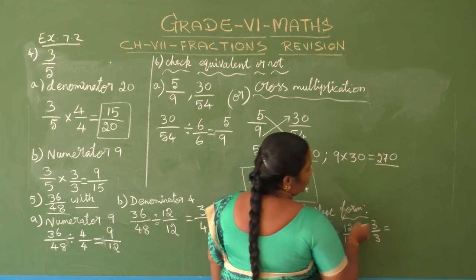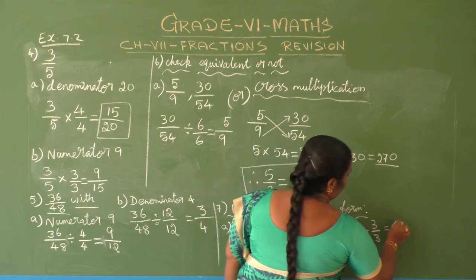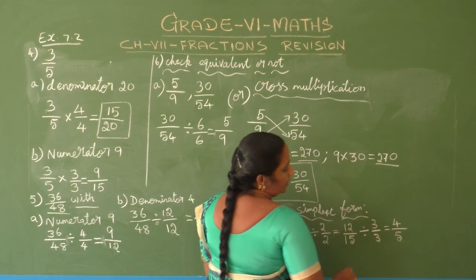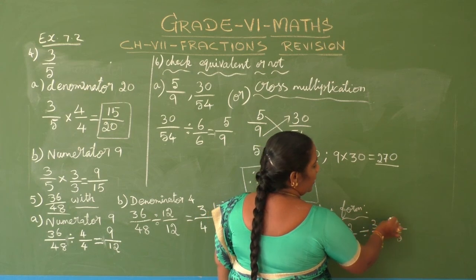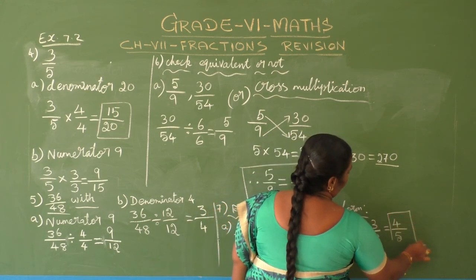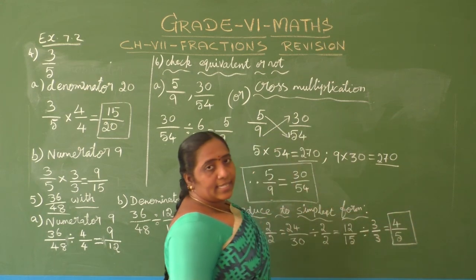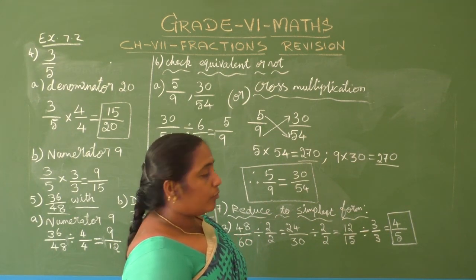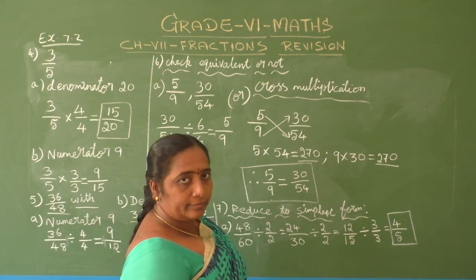So how many 3s are 12? 4 times it will come. 4 3s are 12. 5 3s are 15. That's all. Hereafter we cannot reduce this fraction. So 4 by 5 is the final answer. Okay? Hereafter we cannot reduce it. So 4 by 5 is the answer.